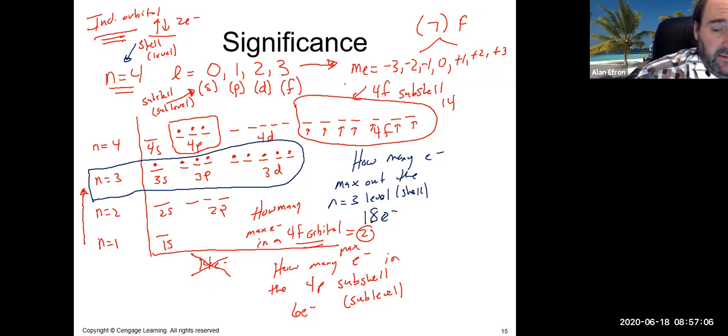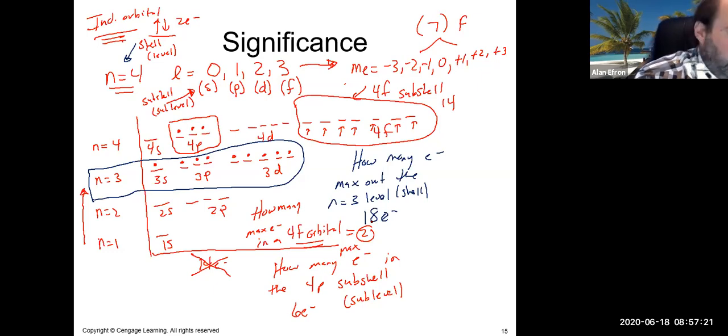Any questions on those differences in some of the terms that are used when we talk about these things? By the way, sometimes people don't want to draw all this to figure out how many electrons are in a level or shell.